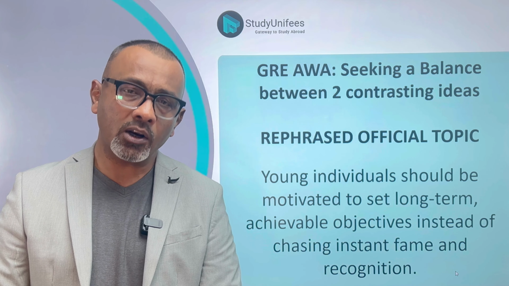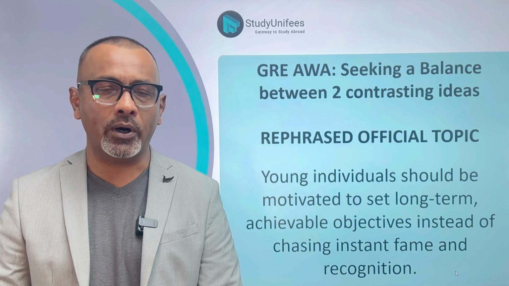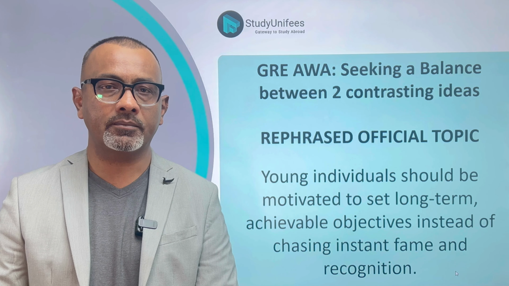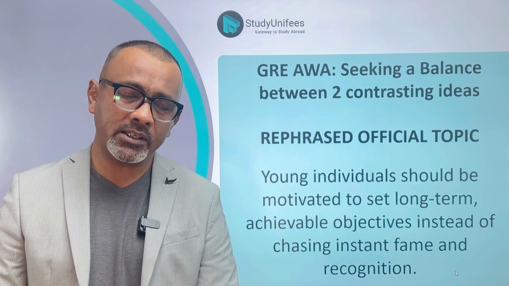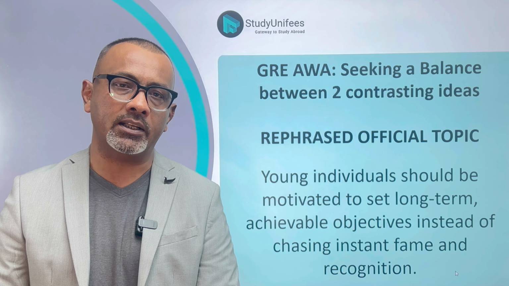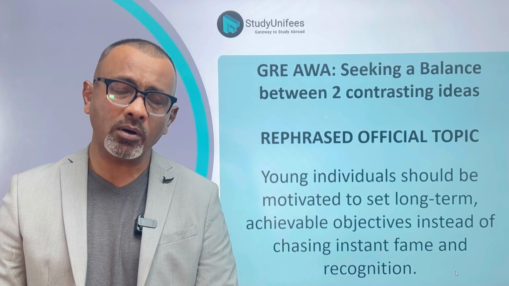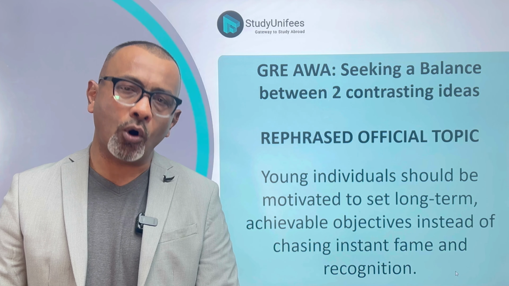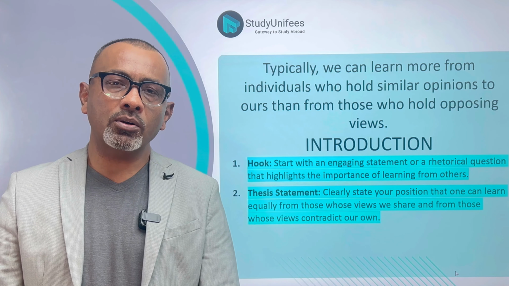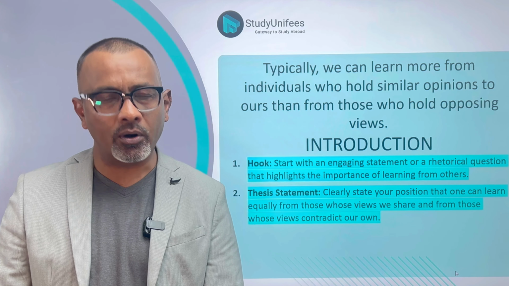That is, set long-term realistic goals and also at the same time try to achieve instant fame and recognition. This position basically seeks the balance between two things that have been contrasted against each other. The most important thing is how you will organize the response to both these essays. Now let's see how the response to both these essays can be organized.